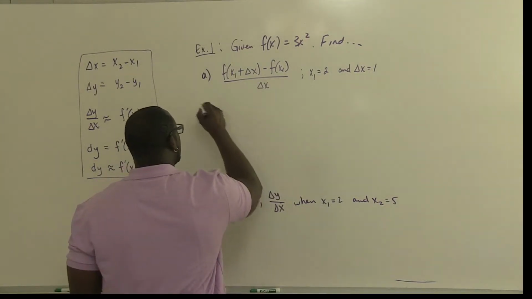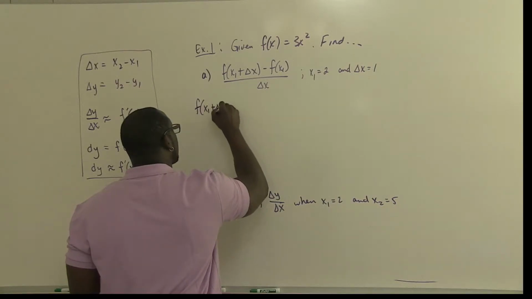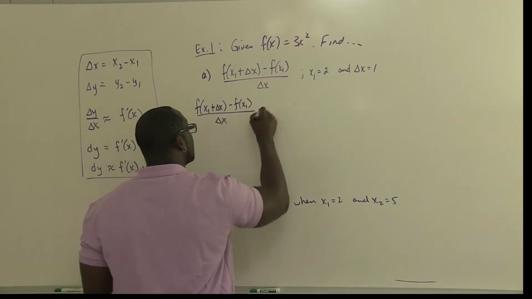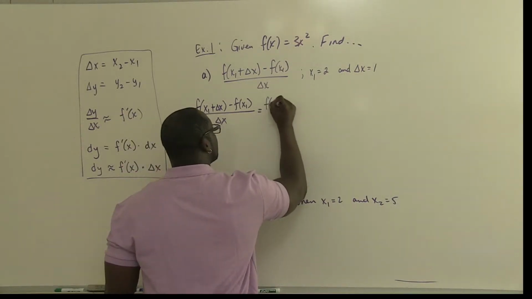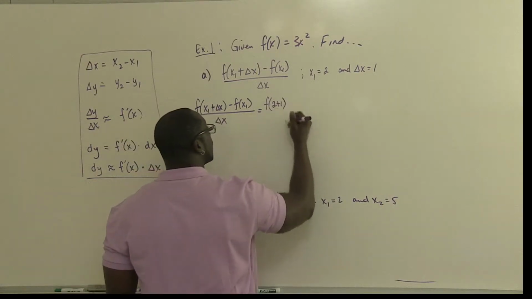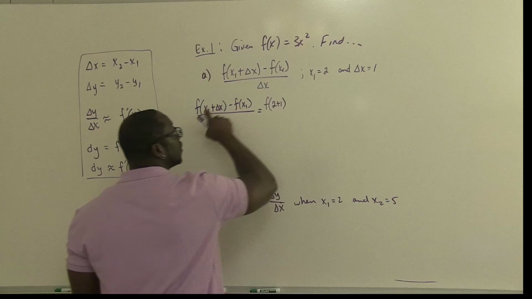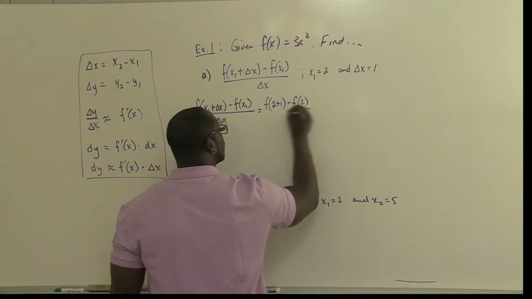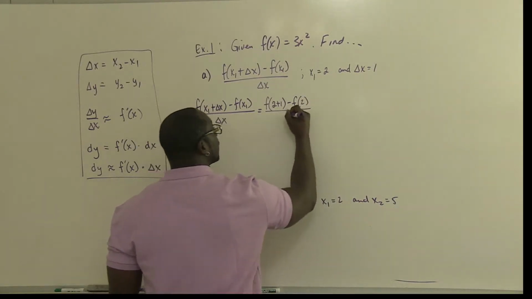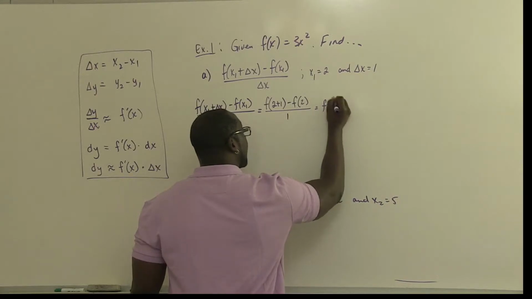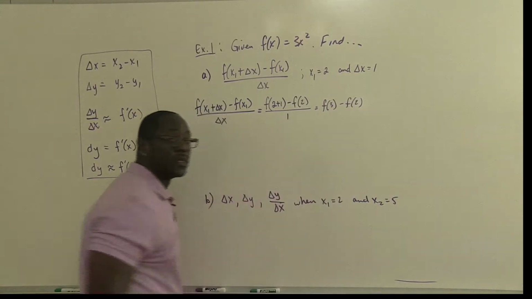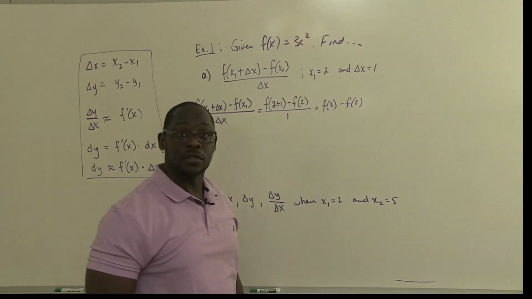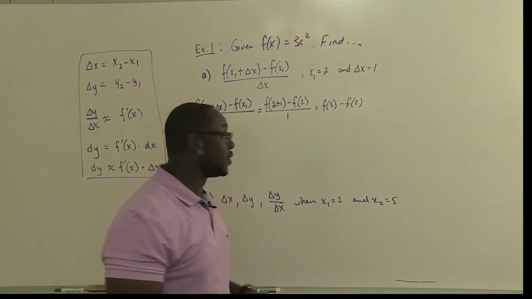So putting all this where it needs to be, we see that this would just be f of 2 plus 1, because the 2 comes from the x1 and the 1 comes from the delta x, minus f of 2, all that over delta x, which is just 1. So we have f of 3 minus f of 2. And so, of course, to find f of 3, we just plug 3 into the function. To find f of 2, we just plug 2 into the function.